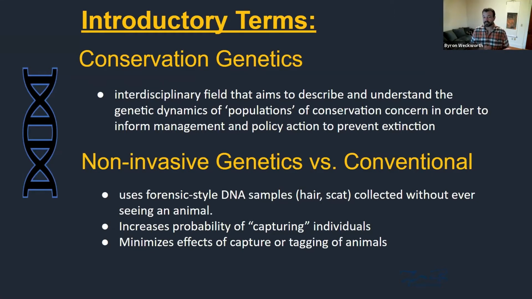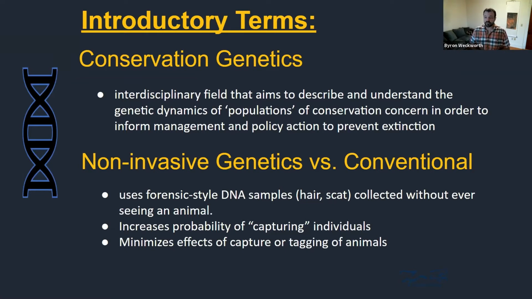And then the idea, we're going to get a lot more details as the day goes on, but non-invasive genetics versus conventional. So probably, if you've been paying attention to articles or the science to date on snow leopard genetics, it's mostly non-invasive.